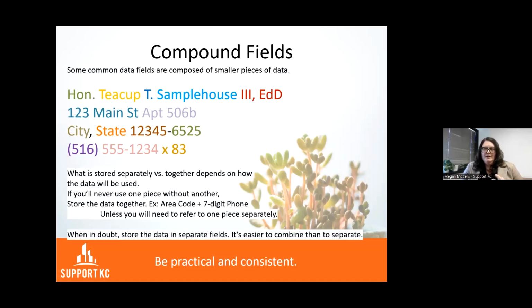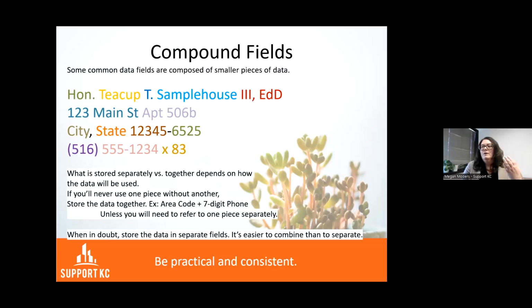You can store all of this information together if you wanted to, depending on how your system is set up. It's maybe not the best idea, but you could if you wanted to. Whether or not it is the best idea depends on how you're going to use this data.